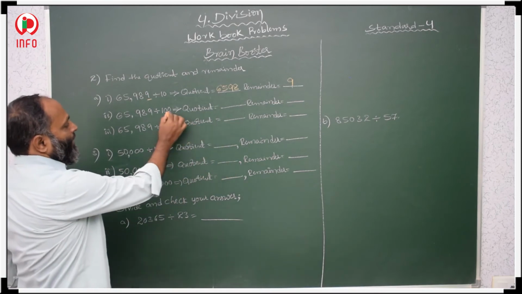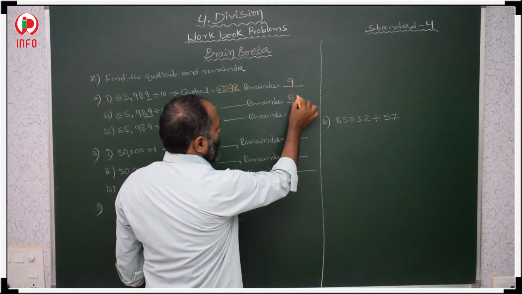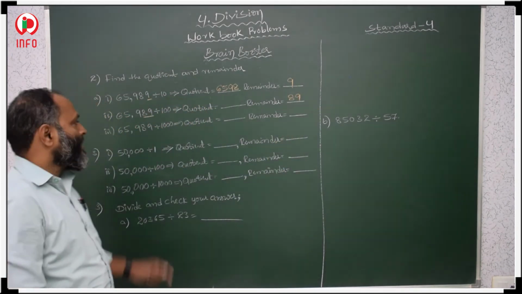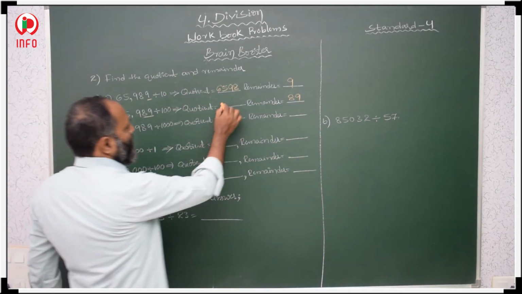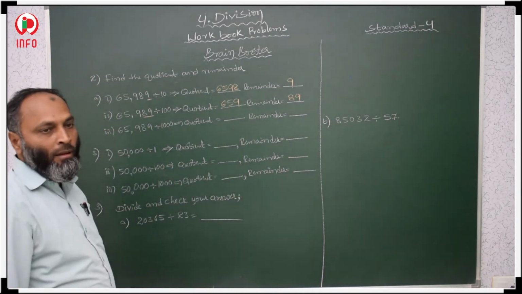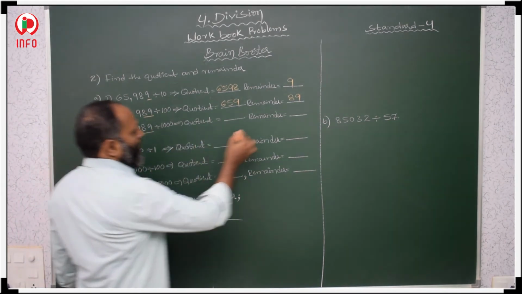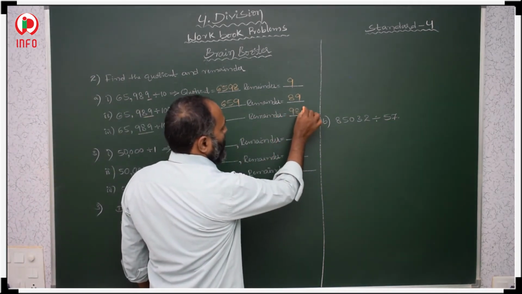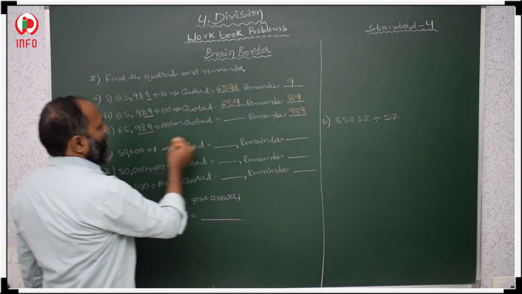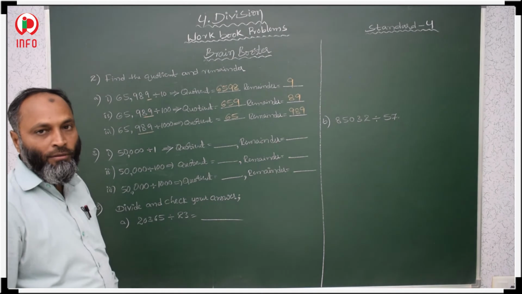So when we divide with 100, the last 2 places are the remainder, 89. Then the rest of the places are the quotient, 659. When we divide with 1000, then the last 3 places are our remainder, 989. Then the rest of the places are the quotient. In this way we have to do.